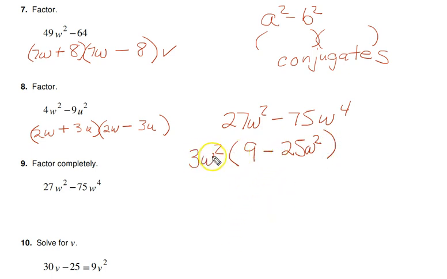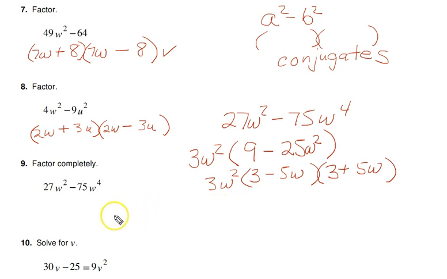Now, you've factored out, but it's not completely factored yet because this can still be factored. These are the difference of perfect squares, so this will factor into their conjugates. 3 minus 5w, 3 plus 5w.